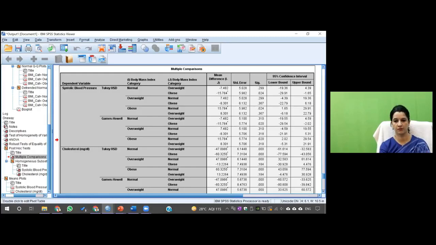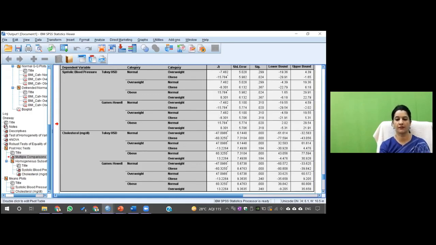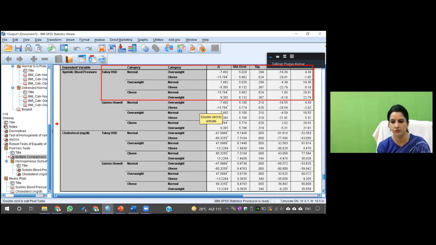Just a second. Don't get frightened by this huge look of the table, right? You have to focus only on up till this. I'll show you, only focus on this for the time being. Let me move this again to the upper.